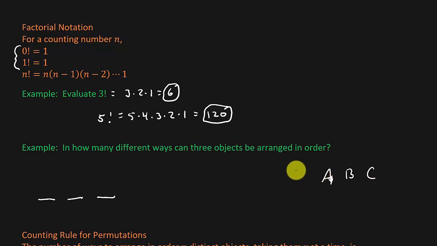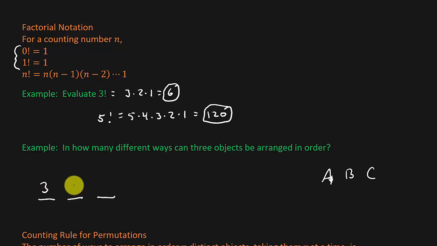So how many choices do I have for the first spot? If I want to pick one of these, well, I've got 3 to choose from, right? So that's 3. And then for the second spot, how many choices do I have? Well, I only have 2 choices because I've already used one of them for the first spot.